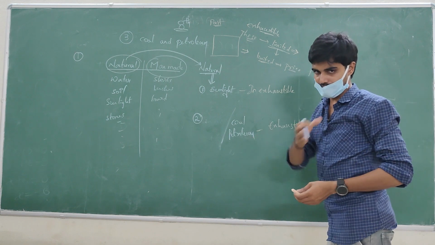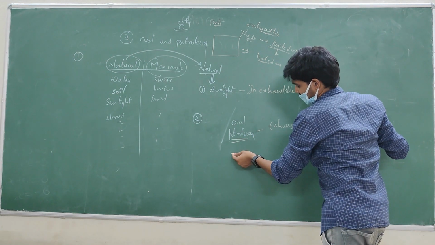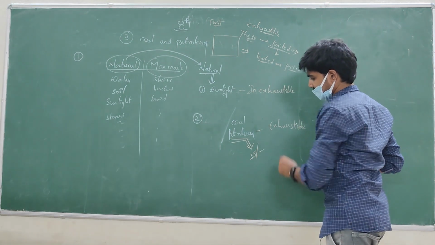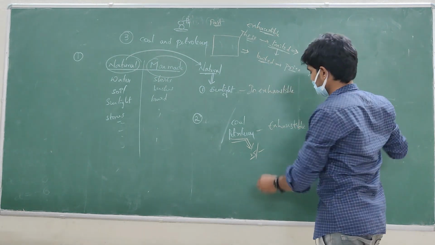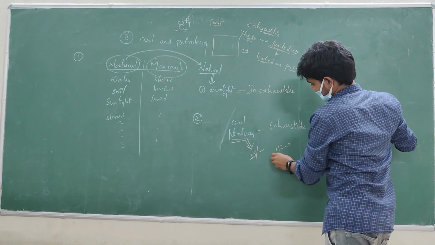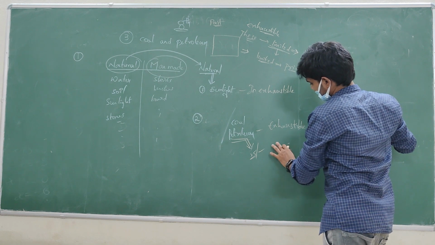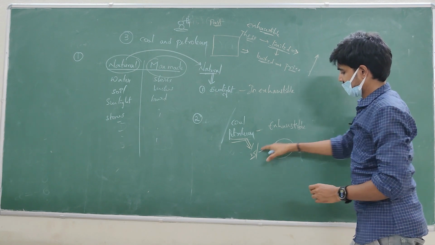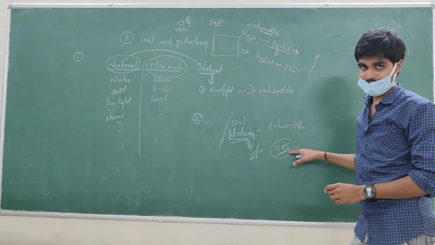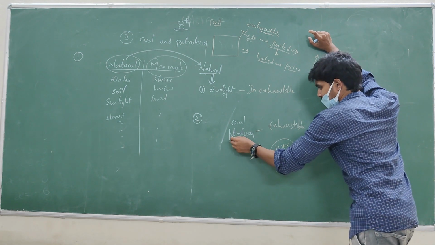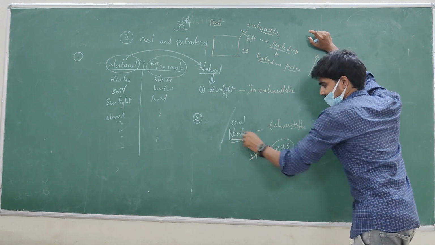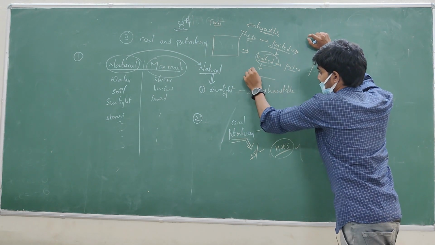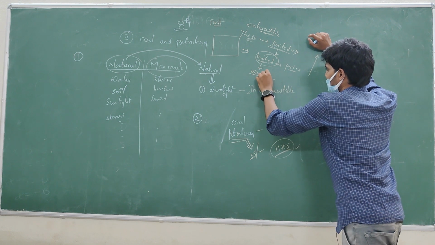On the other hand, consider petroleum also. 10 or 20 years back, the petrol price might be below 25 rupees, but right now the price has increased sharply, roughly 110 rupees on average. Why did this happen? Because you are using it again and again, so this limited quantity becomes very limited.